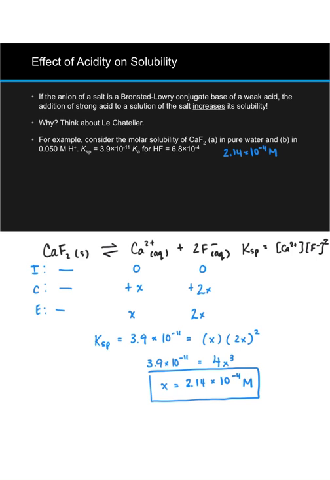We should expect that this substance dissolves to a larger extent when we mix it with acid rather than just pure water. But why? Well, let's set up our ICE table again and think about what we have in solution if we mix calcium fluoride with 0.05 molar acid.